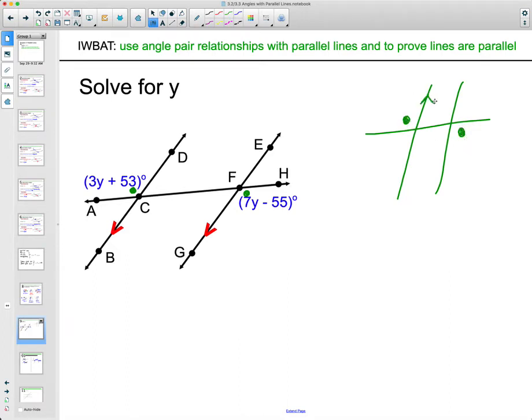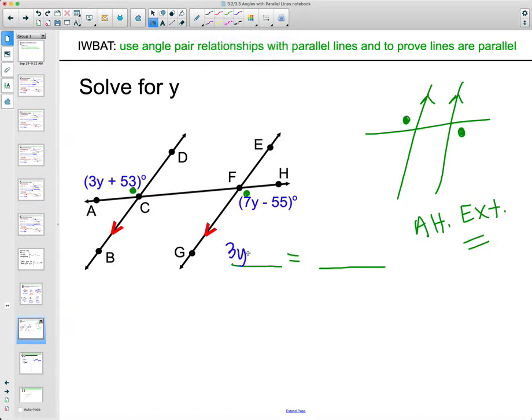Here's my parallel lines. So these two angles are on the outside, so they're exterior angles, and they are on different sides of the transversal. So these are alternate exterior angles. And what we just learned is that when we have parallel lines, alternate exterior angles are equal to each other. So we'll actually set these equal to each other to solve for y.